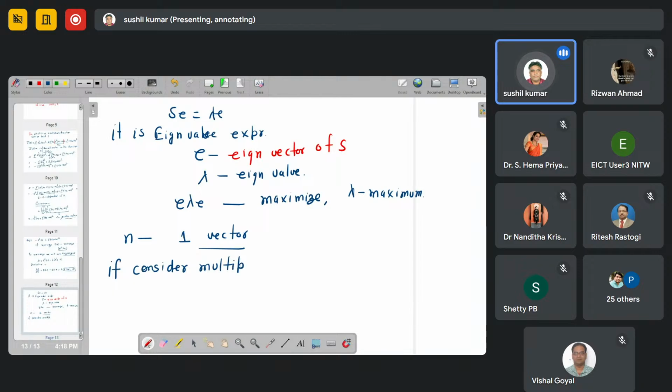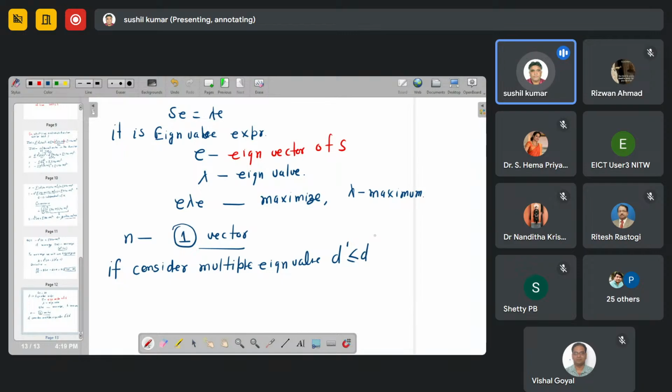If you are taking one eigenvalue, then it will be converted into one dimension. If you are considering multiple eigenvalues, then it will be converted into d dash, and you will decide how many values you are taking.